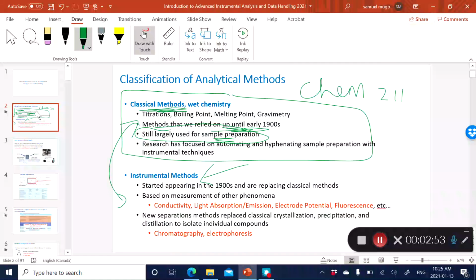Now, instrumental methods of analysis are things like electrochemistry and chromatography, which, as I said, initially used to be classical, but now with automation, they become instrumental methods of analysis. There is a wide range of different types of instrumental analysis that we're going to come across.